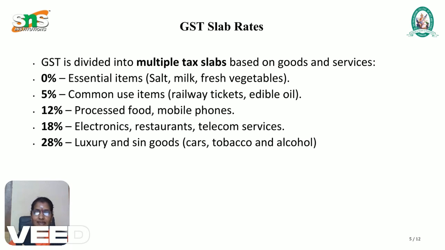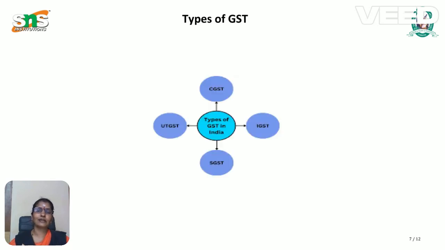Next, 18% we impose on electronic items, electricals, restaurants, telecom services, and next, 28% is based on luxury items like the automobile industry and some categories of banned items, that is tobacco and alcoholic items. All these we impose a 28 percentage.